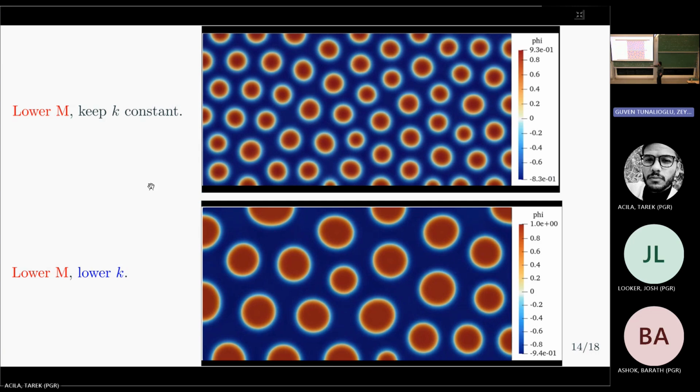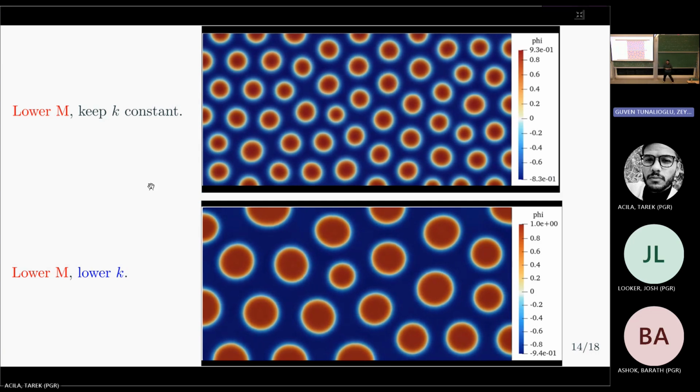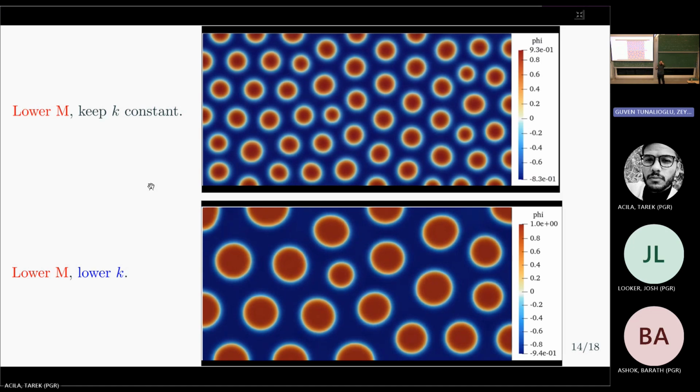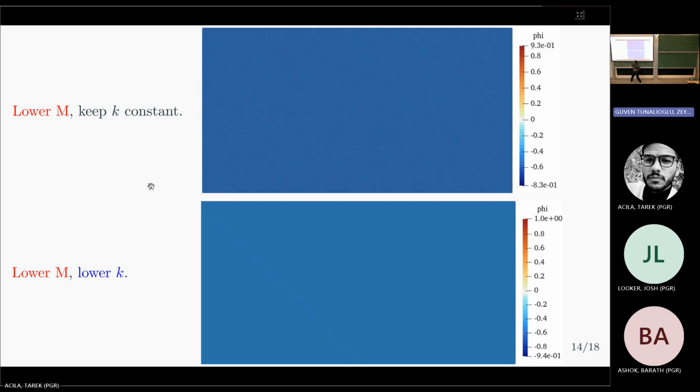So you see, as I lower M, the tendency of the system to phase separate completely, I get even smaller domains because the reaction term is too strong for it. Okay. Now, if I lower the rate of change of mass exchange, I will get the larger domains again. All right. So this is how M and K, only M and K in the model here, control the size of those rafts.